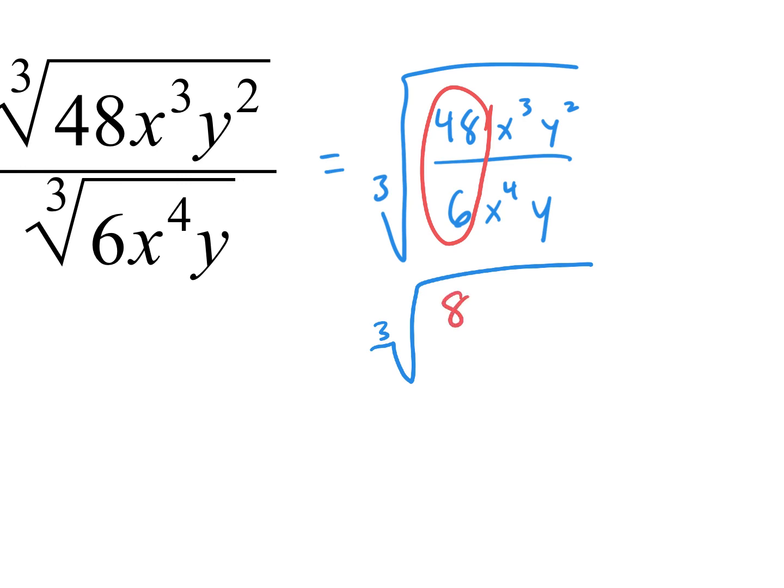With the x's, if I have 3 x's on top and 4 on the bottom, 3 minus 4 is -1, so x goes on the bottom. And with the y's, what's 2 minus 1? +1. So y goes on top.